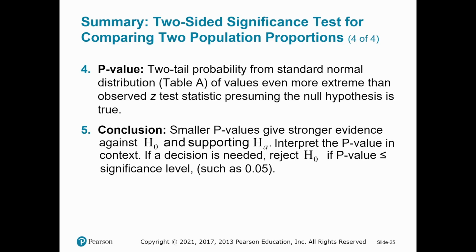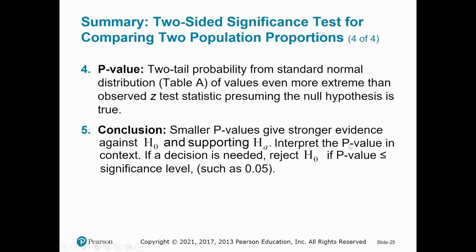And if it's a two-tailed test, you double the smallest probability. So it's really the same exact thing, no difference, right? So conclusion, smaller p-values give stronger evidence against the null hypothesis, supporting the alternative hypothesis.